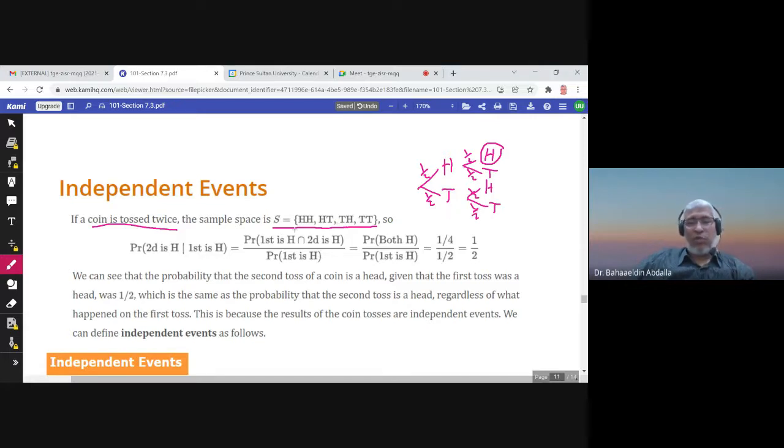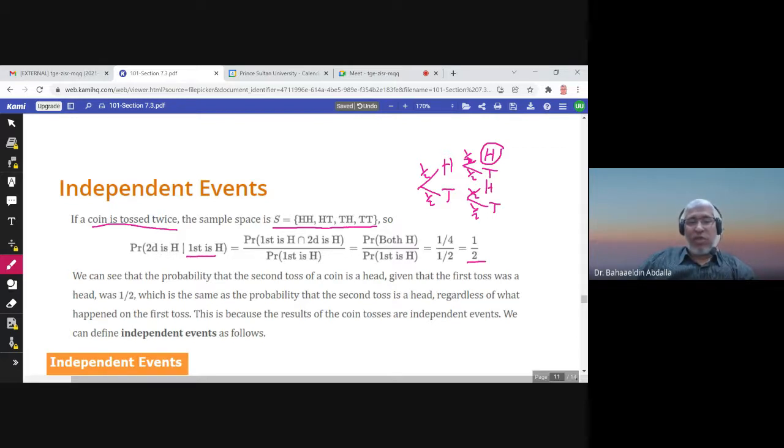So we are tossing the coin twice. So each time we toss a coin, the probability of obtaining head is half. So if you say the probability of head in the second, given that first head, it would be also half. It would be also the probability that the second is head.